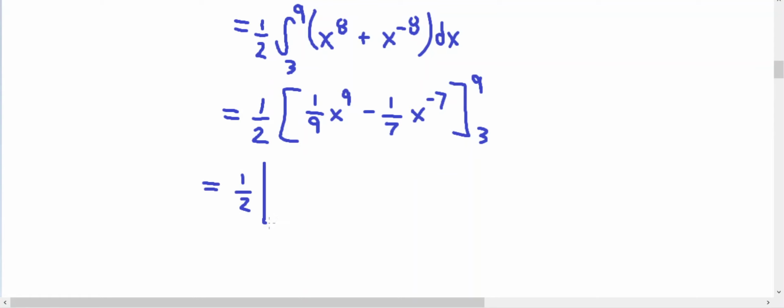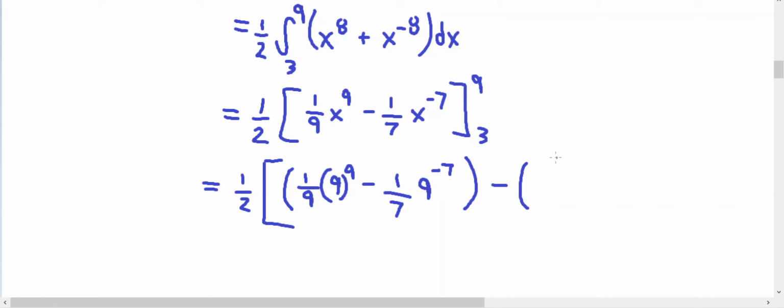So 1/2 times the first part, so this is 1/9 times 9 to the 9th, minus 1/7 times 9 to the minus 7. And then subtract 1/9 times 3 to the 9th, minus 1/7 times 3 to the minus 7.